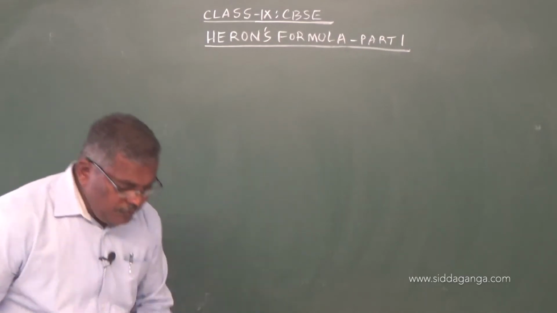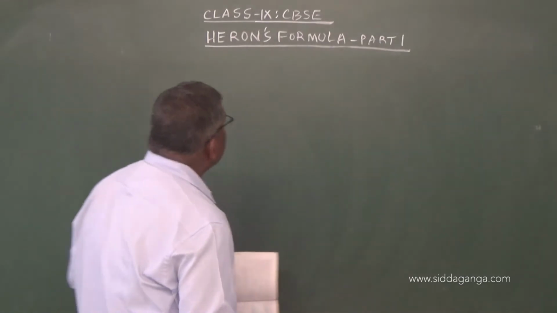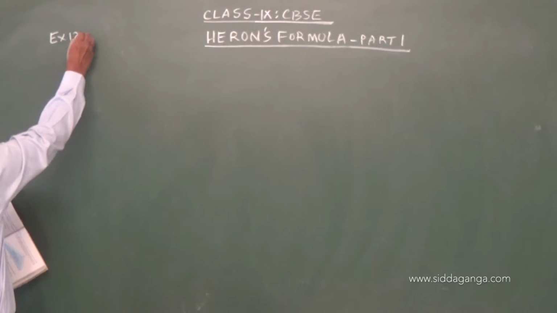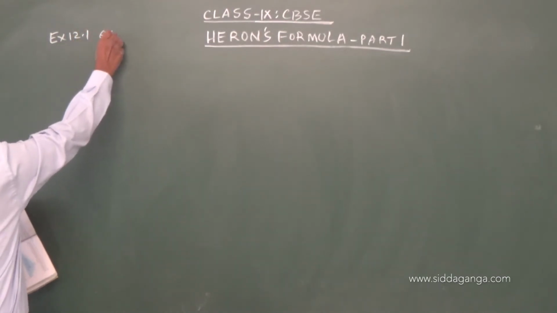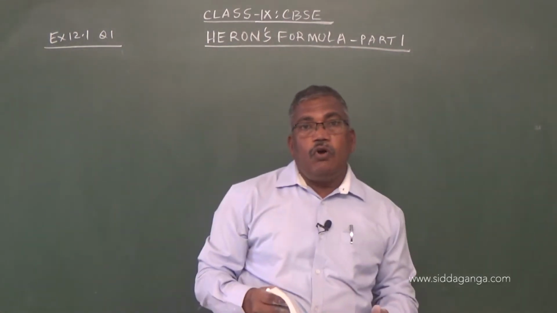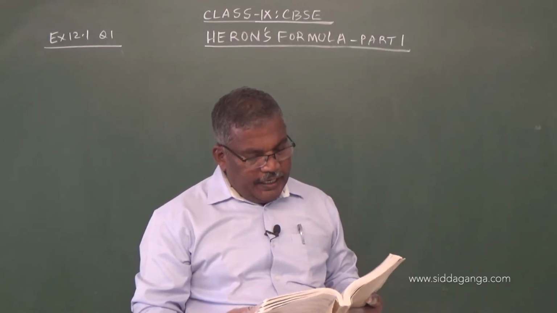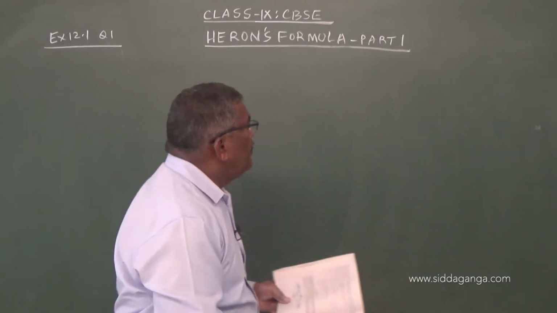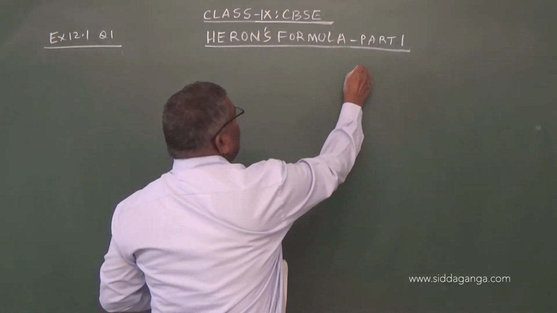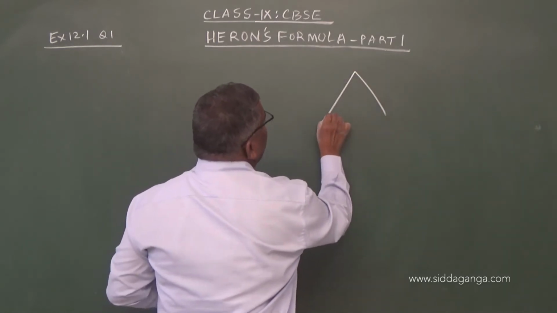Now I will move on to exercise 12.1, question number 1. Please refer to page 202. A traffic signal board indicating school ahead is an equilateral triangle. You know what is an equilateral triangle?